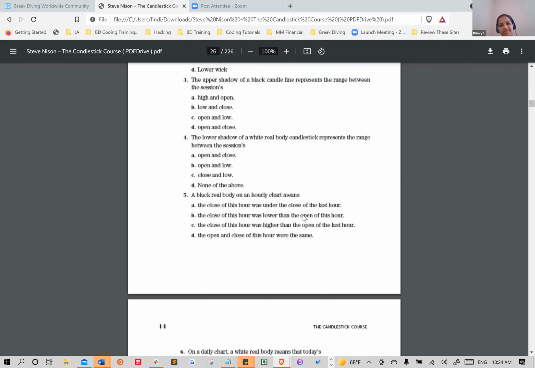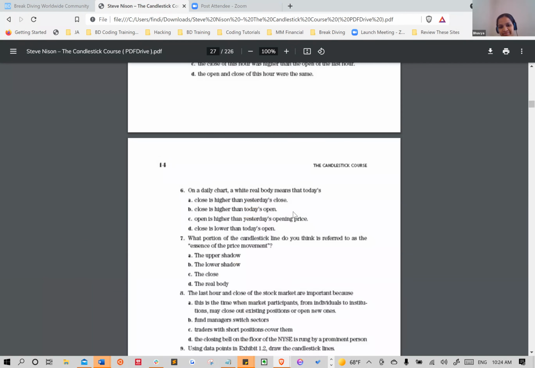Next, on a daily chart, a white real body means that today's open was lower than the close, or the close is higher than today's open. B.